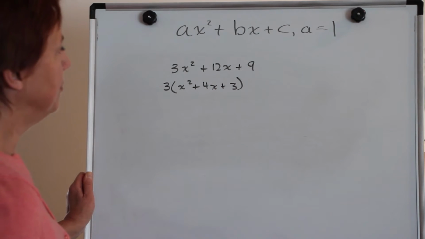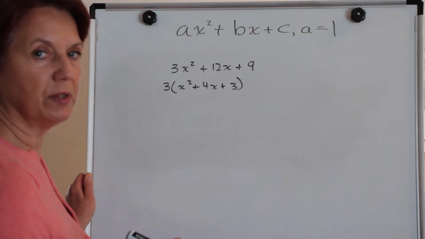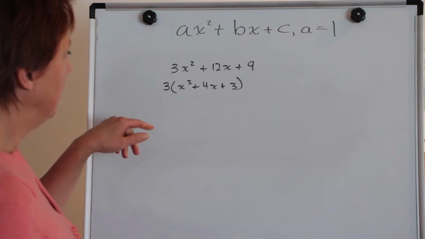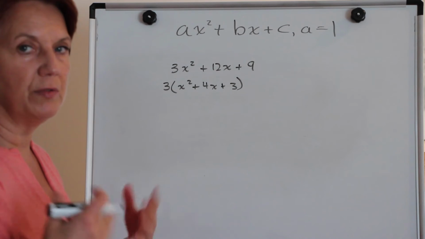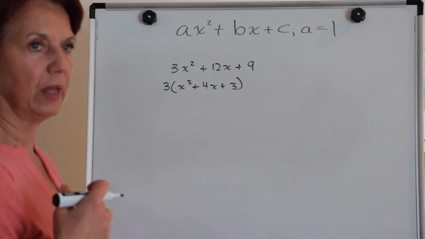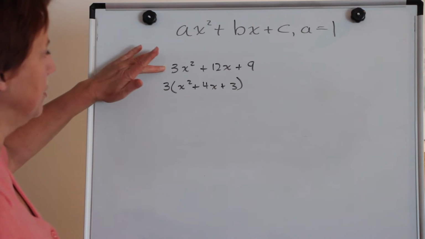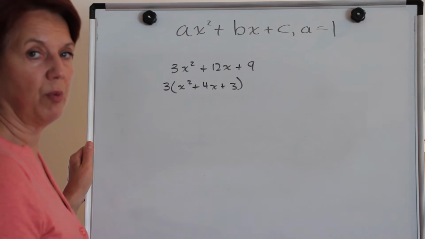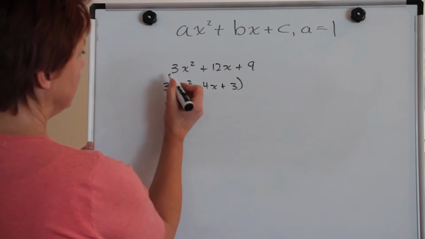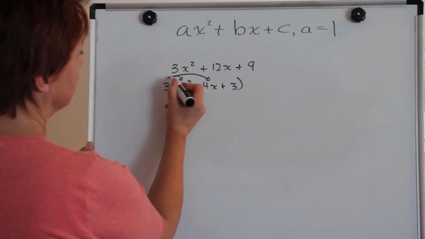If you have trouble with division or multiplication, work on your times table. It's really good to have that memorized up to 12 times 12. If you're wondering whether you factored this step correctly, it's very easy to mentally multiply it back out so that you see whether or not you come back here. Here we would use what's called the distributive property of multiplication. This 3 has to get multiplied by everything inside the brackets.